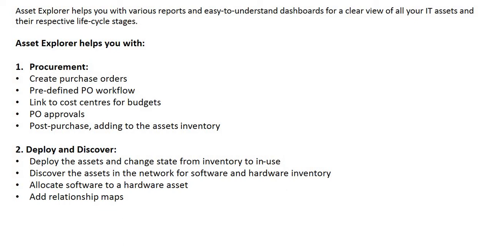For each and every purchase order of a particular quantity or entity, you have to keep a note of it. Post purchase also, everything has to be procured. Any asset whatever you're getting, then deploying and discovering it, deploying and seeing whether they are in use and properly being done, and discovering to find any inventory which has flaws, so that you can combine and handle it in a proper way.